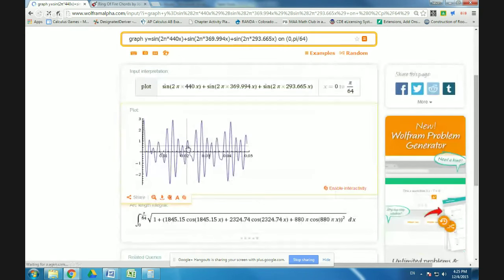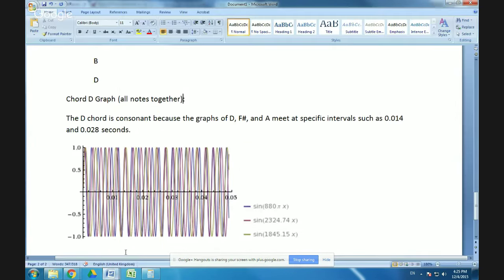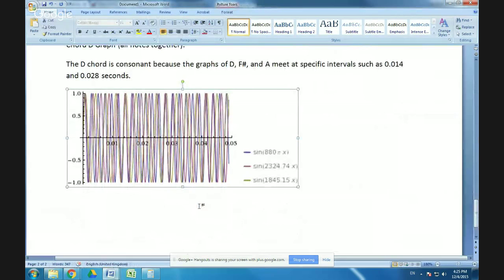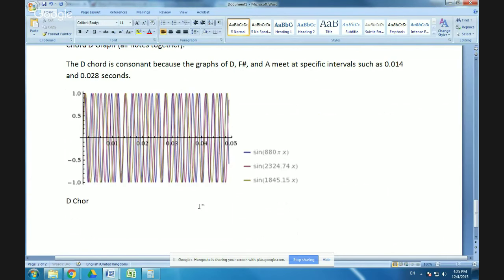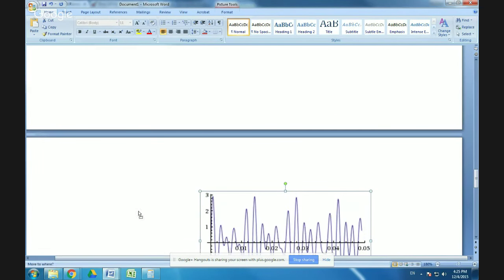And there it is. Okay, so you can see you can easily earn advanced on this piece. Copy it. Paste it, and you got it.